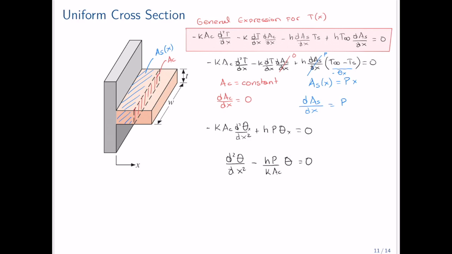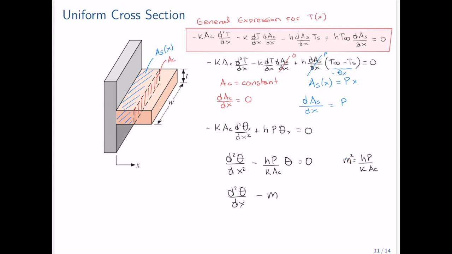So if I define m as equal to hp divided by kAc, what I have is the second derivative of theta with respect to x minus m, and let me define this as m squared. The reason why I define it as m squared doesn't really matter, it's going to be a constant, and all of these are going to be positive. h is positive, p is positive, k is positive, and Ac is positive.